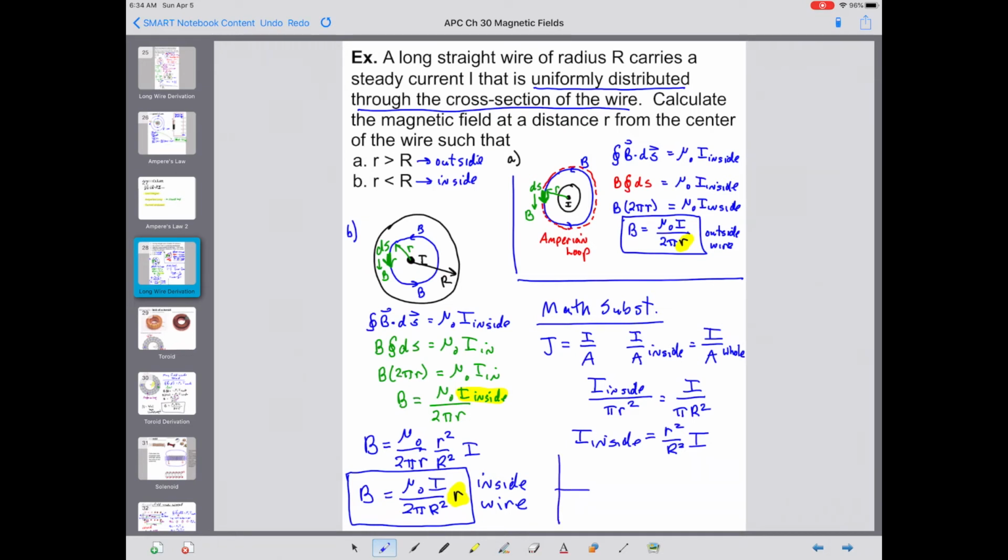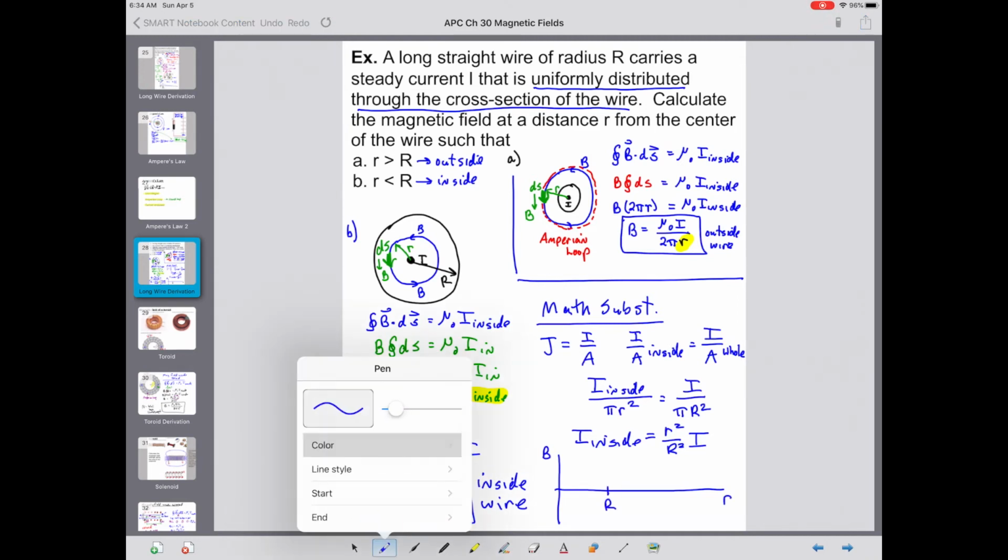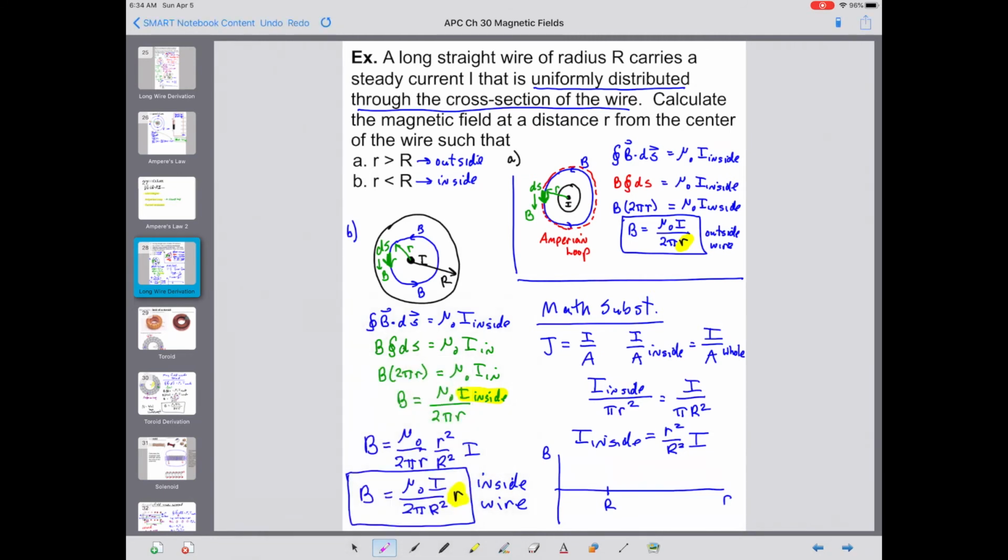So then if I squeeze in down here a graph of field versus distance, whereby right there is capital R, then inside the wire, that would be linear in r. Outside the wire, you're proportional to 1 over r, so over here you're proportional to r, and that's what our graph of our field looks like.